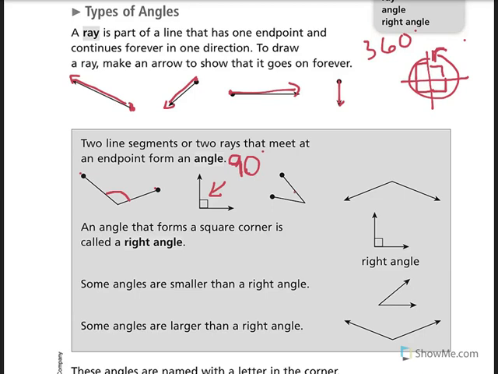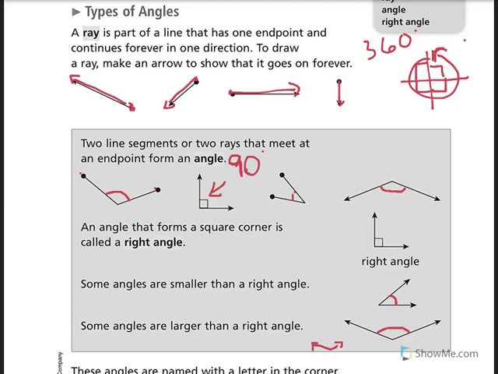Here's another angle between these two line segments. Here's an angle between these two rays. Some angles are smaller, and this is talking about the amount that it is open, not the length of the lines, because you can have this bigger angle than 90 degrees, but even if the lines were only that long, it would still be a bigger angle than 90 degrees.